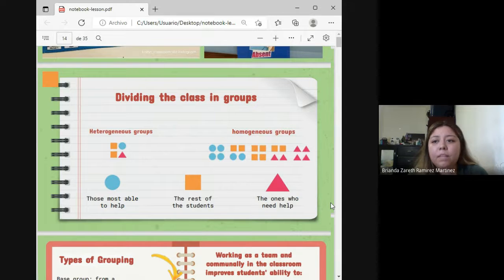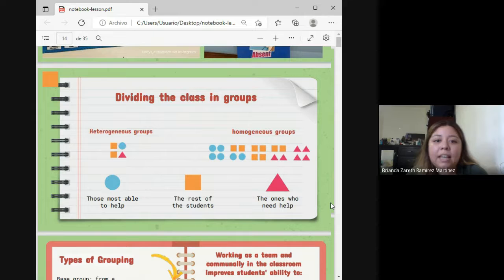This method of heterogeneous grouping allows students to learn from each other's differences, and actively interact with diverse individuals while at the same time sharing their unique abilities and interests.